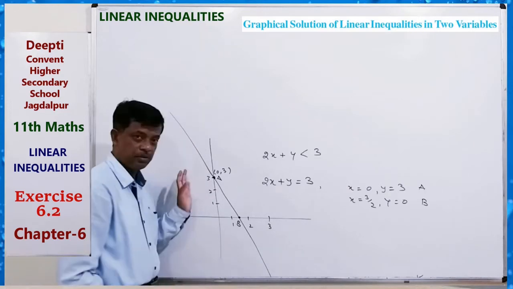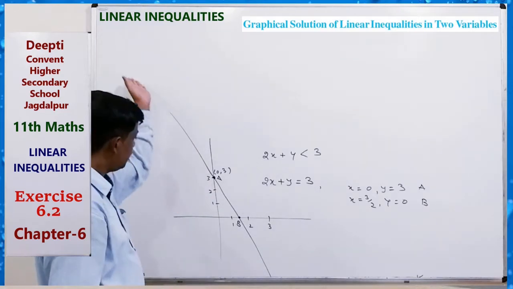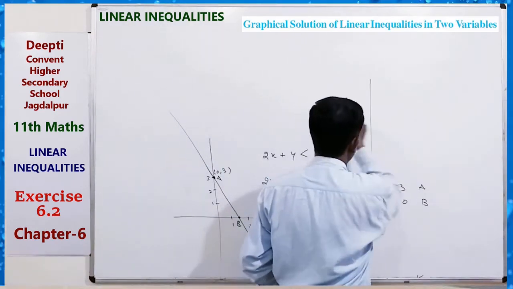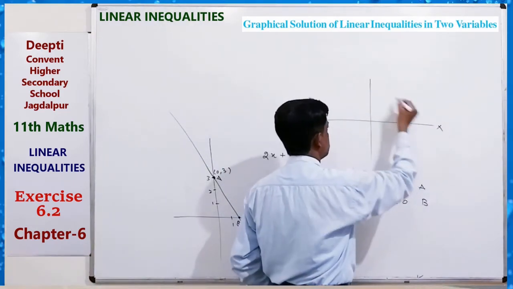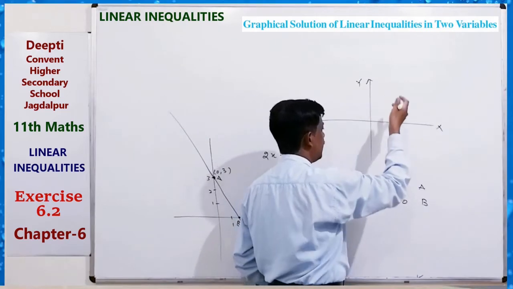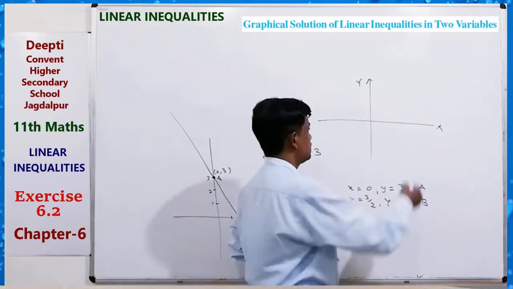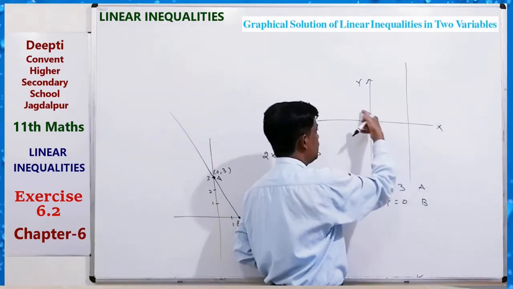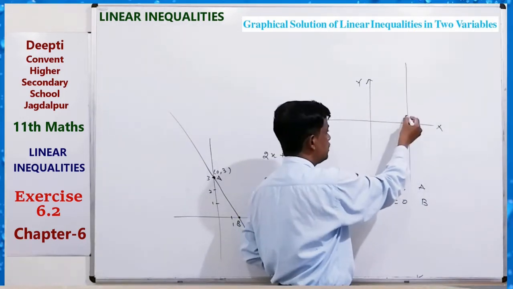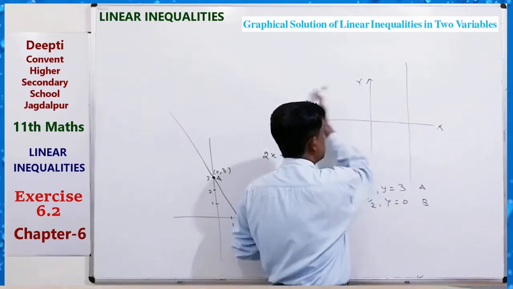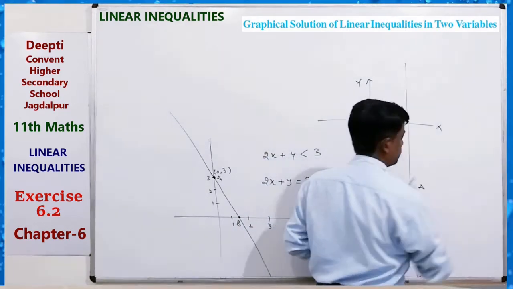Now we see a line in a plane. Suppose there is a plane with the x-axis this way and the y-axis this way. A line parallel to the y-axis divides the total plane into 2 parts, left half and right half.